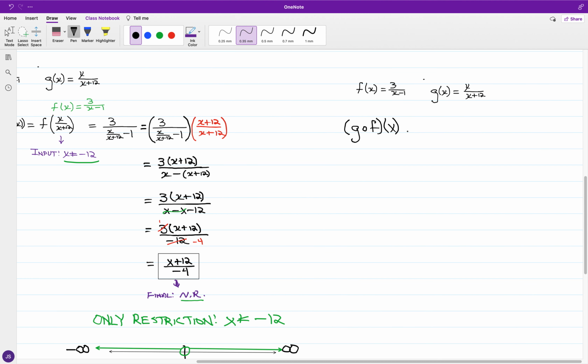And for what we have in the setup, we got g of f of x. With the input f of x, I have 3 over x minus 1.